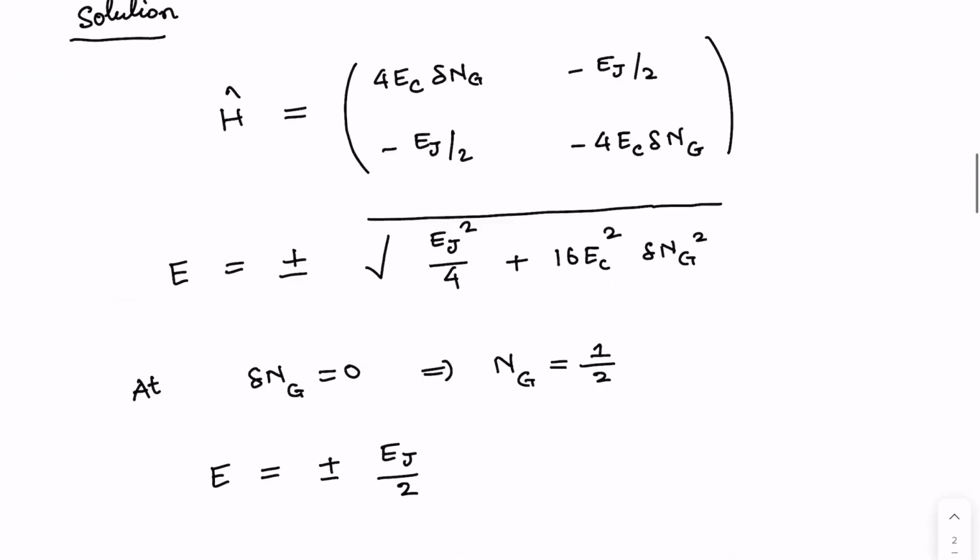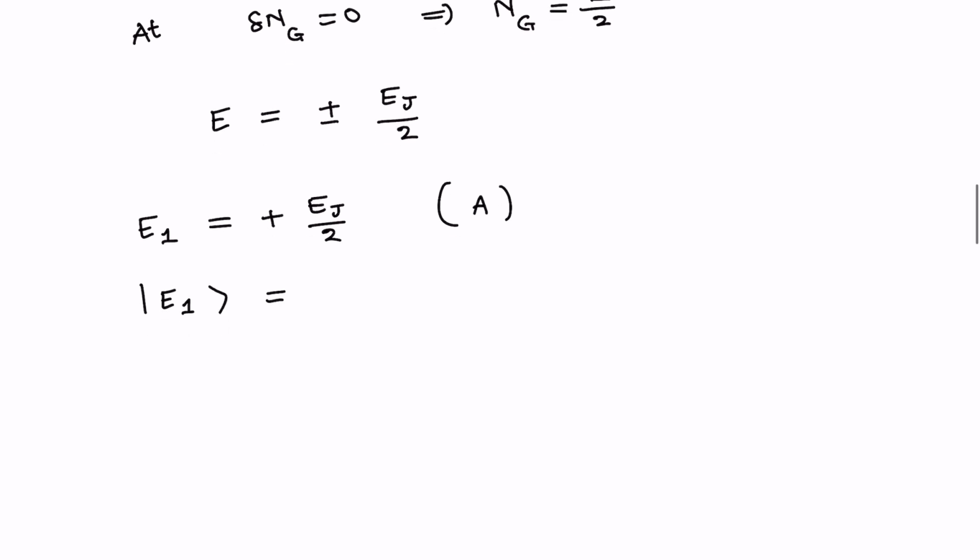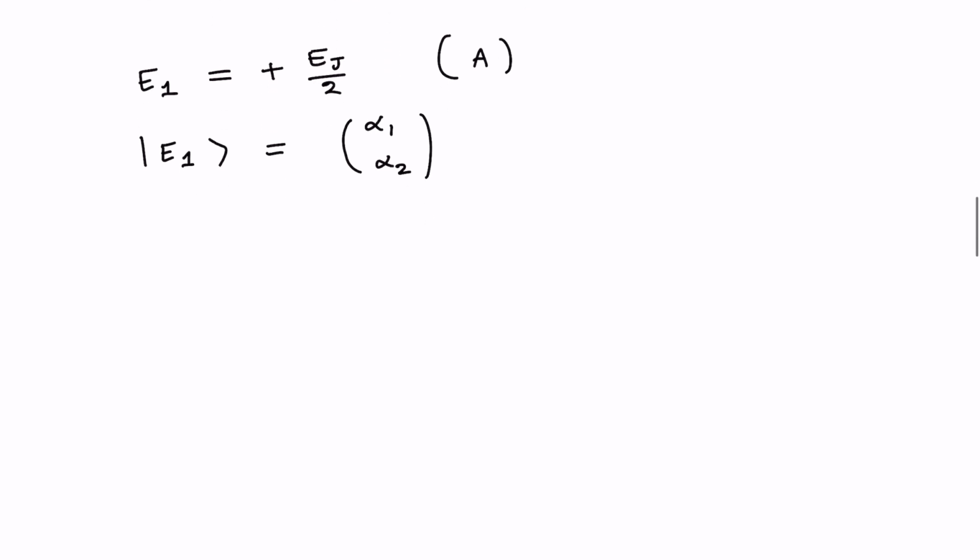Now this point A corresponds to the eigenvalue E1 equal to plus Ej by 2. That refers to the point A in the plot, and let me denote the eigenstate as ket E1, a column vector whose elements are, say, alpha 1 and alpha 2.